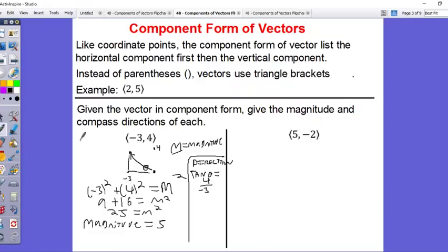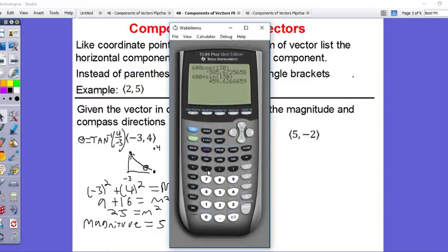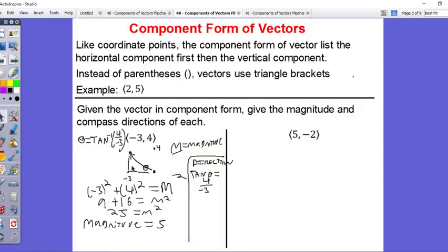So theta is going to be equal to the inverse tangent of 4 over -3. So we find the inverse tangent of 4 over -3. That's going to be -53.13 degrees. But this is in quadrant 2, right? Because when the x is negative and the y is positive, this is in quadrant 2.